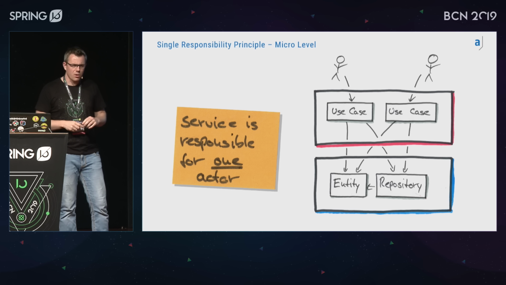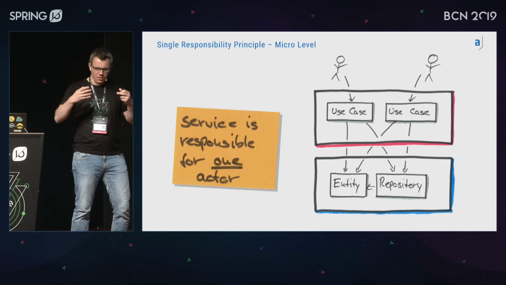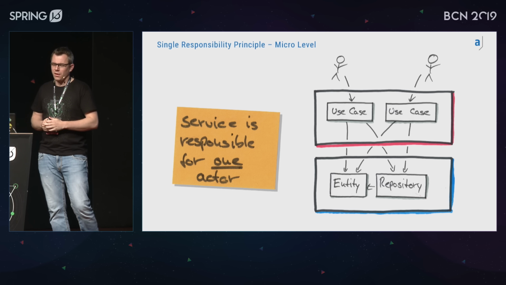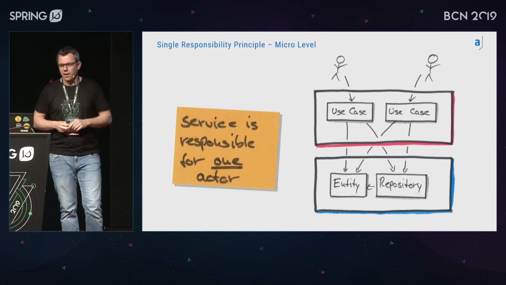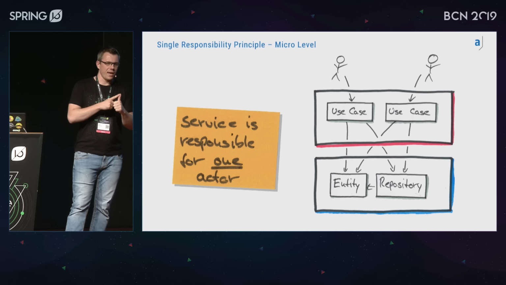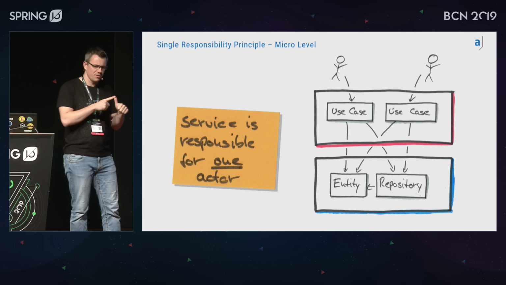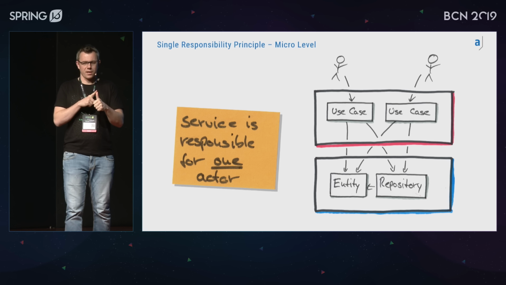We can split our service up into use cases, actual classes that are named XYZ use case, and each service or use case, or whatever you call it, is responsible for 1 actor, for 1 user role. And if you take this to the extreme, every one of these classes is actually only responsible for 1 use case.